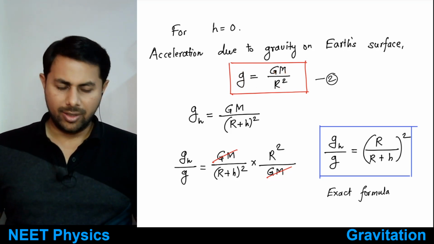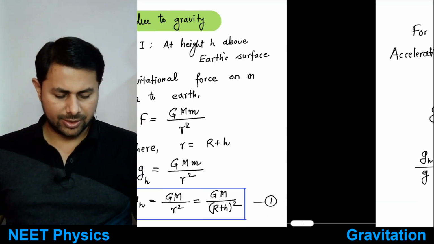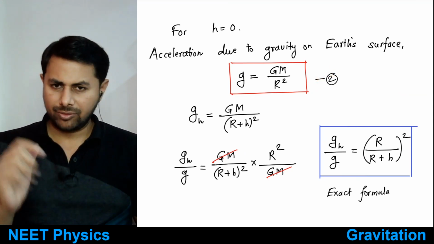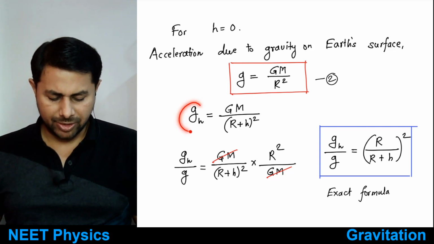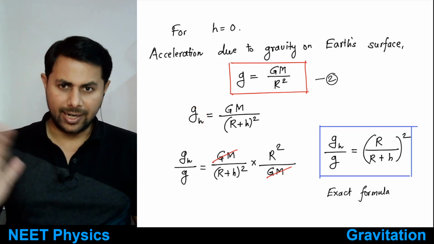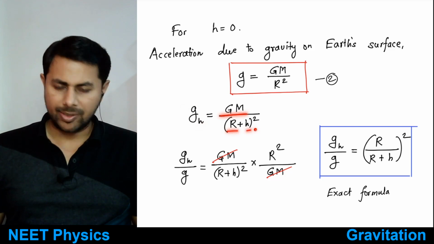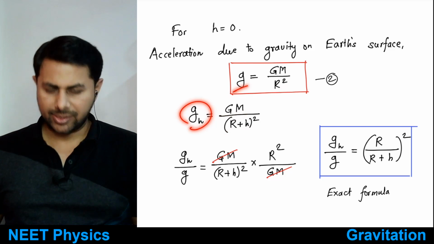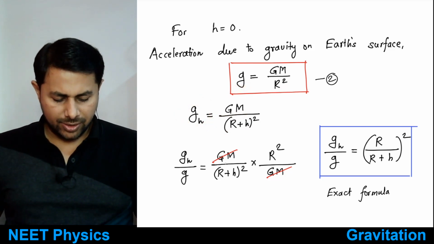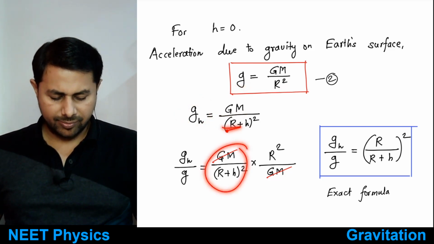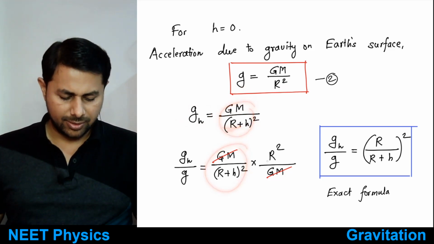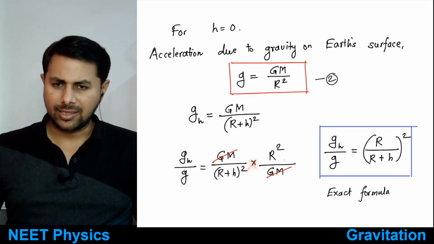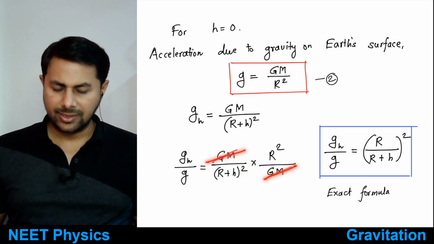Okay, so suppose this is equation 1, this is equation number 2, and what you do is you divide equation 1 by 2. So equation 1 was g_h, that is g at height h, is G M upon (r plus h) square. You divide this equation by that equation, so g_h divided by g is equal to G M divided by (r plus h) square, and dividing by this is multiplied by its reciprocal, so multiplied by r square by G M. G M and G M get cancelled out.